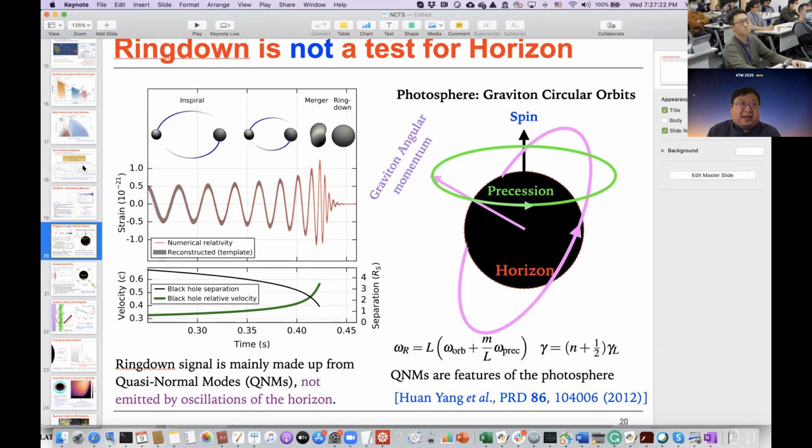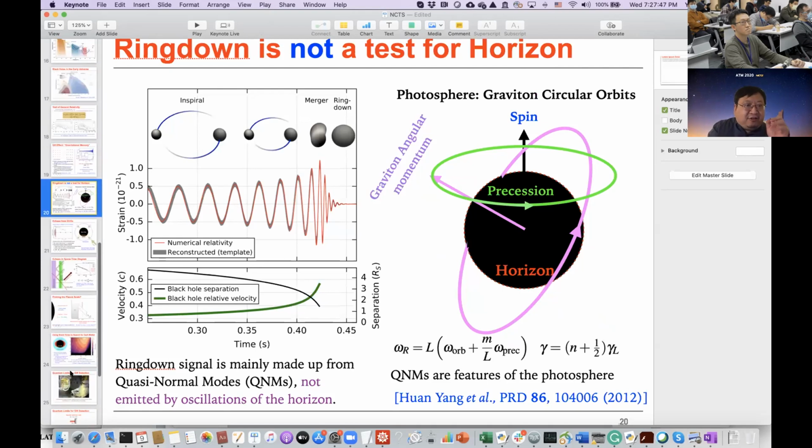Electric dipole, magnetic dipole, quadrupole, all the radiations are not supposed to, generically speaking, have the same eigenfrequency. But for black holes in general relativity, the magnetic type and electric type ringdowns originally have the same set of eigenfrequencies.